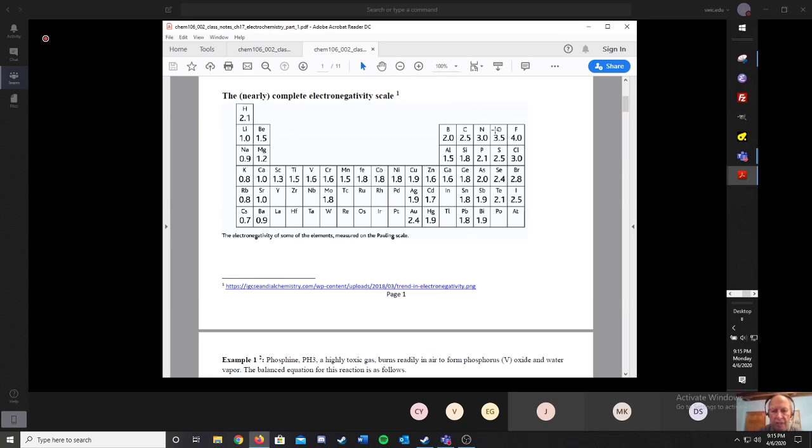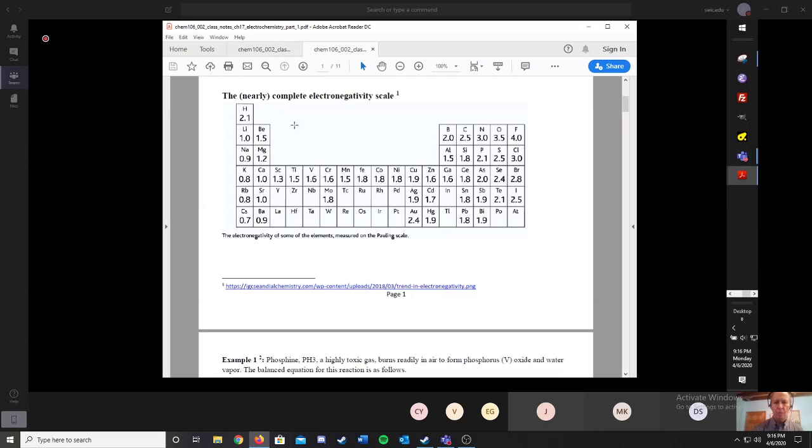For example, one electrode of a battery containing oxygen could be used in combination with an electrode containing lithium. That we'd have a difference of 3.5 minus 1.0, just a difference of 2.5, which is pretty significant. And that's essentially what's going on in your lithium ion batteries in your computers and cell phones.